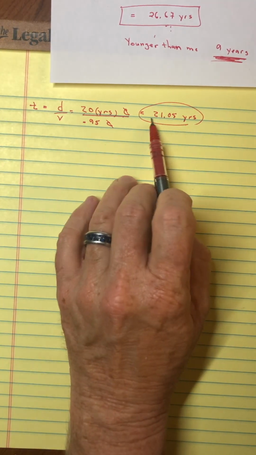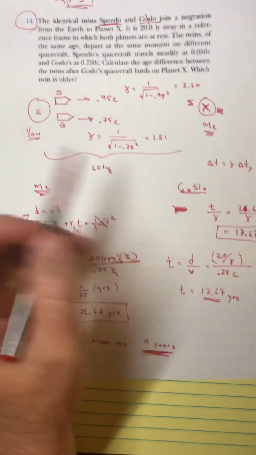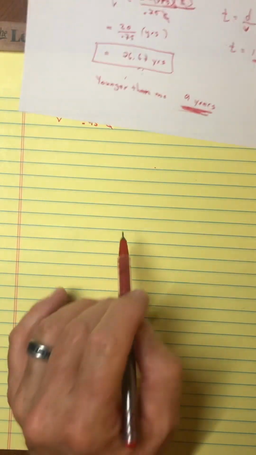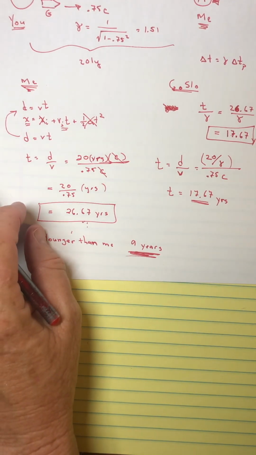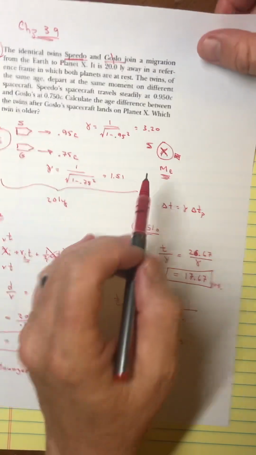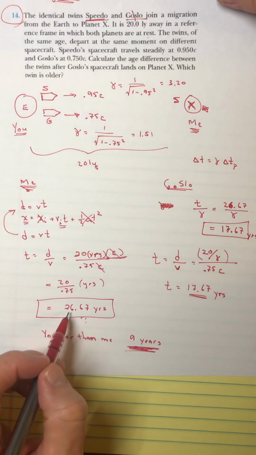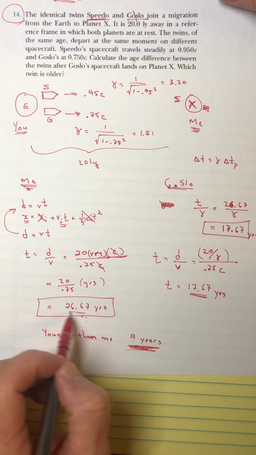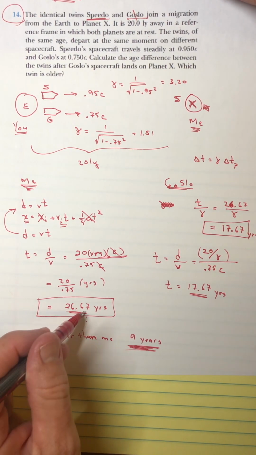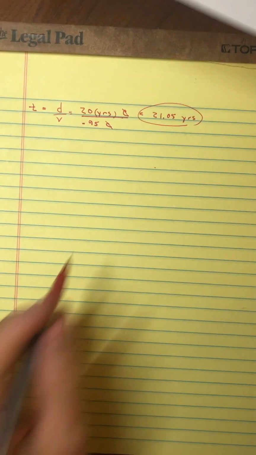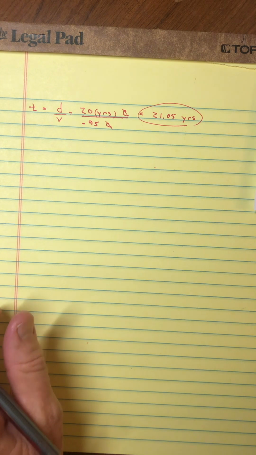So in other words, after I've waited around for 21 years before somebody gets here, which Speedo gets there first, so I've waited for 21 years for them to get there, Speedo and I are going to hang out together on planet X until Go Slow gets there. And so we've got some more time, and the difference between this 26.67 years and the 21 years is how much time we have to hang out.